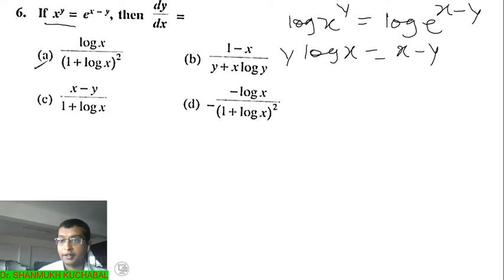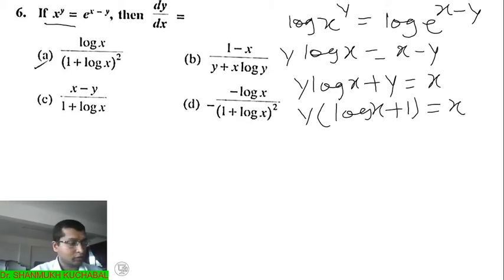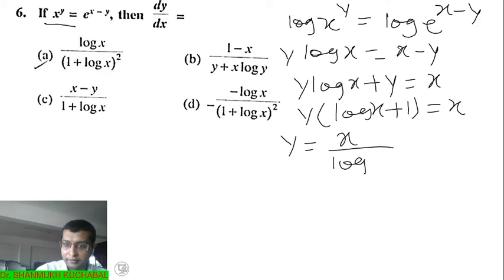So further we transpose y to the LHS. So y log x plus y equal to x. Take y common, we get y times (log x plus 1) equal to x. So further write the solution for y equal to x divided by (log x plus 1). This is in the u by v form.